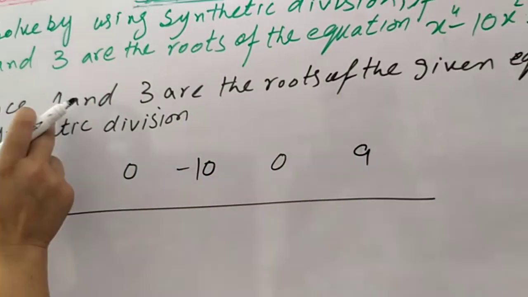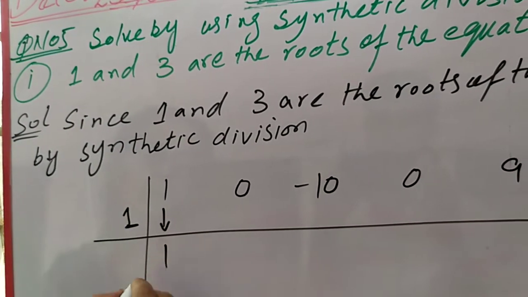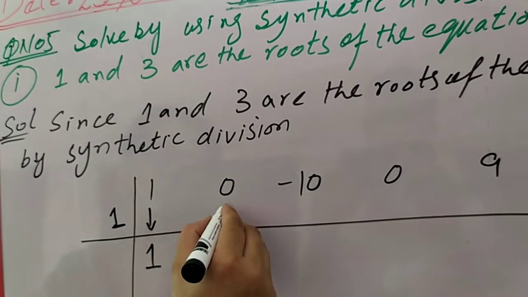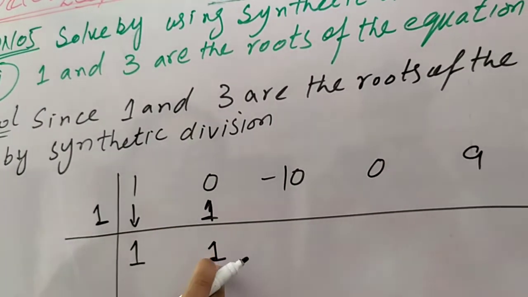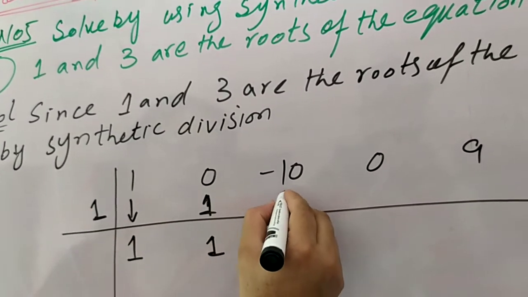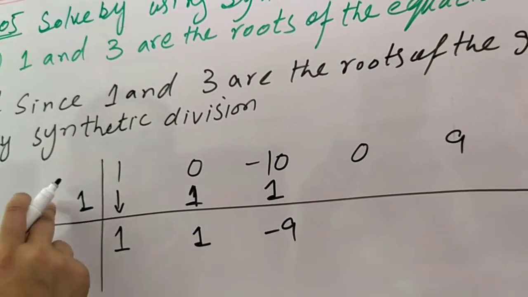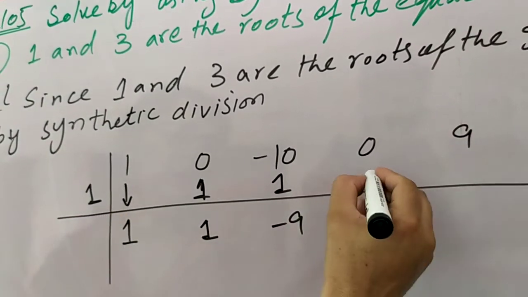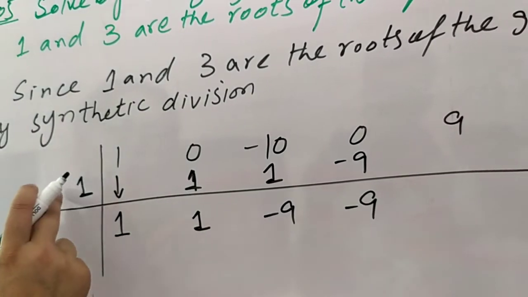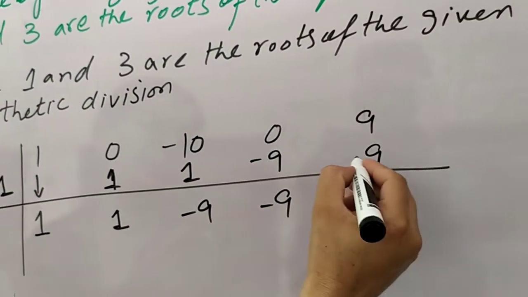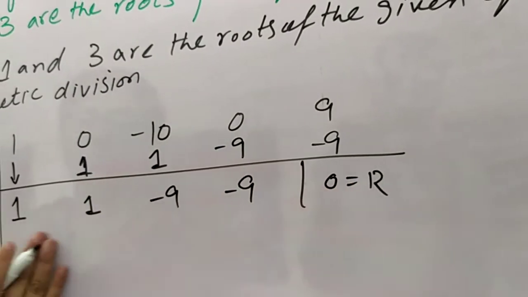Now the first root I am going to use, multiplying 1 with 1, I get 1, result of it 1, 1 multiplied with 1, I get again 1, and the result of it negative 9, multiplied with 1, I get negative 9, the result of it again negative 9, multiply negative 9 with 1, and the remainder over here we have 0.